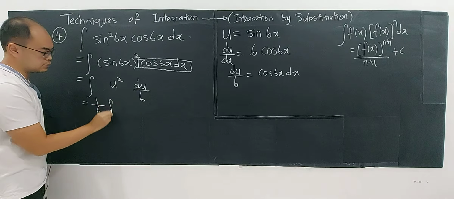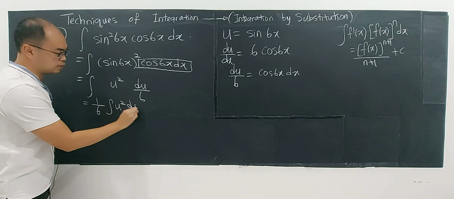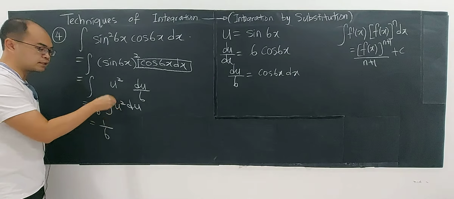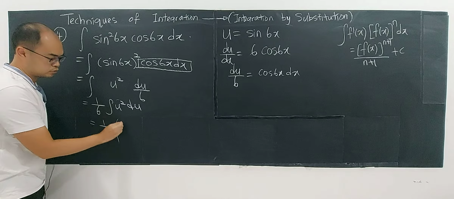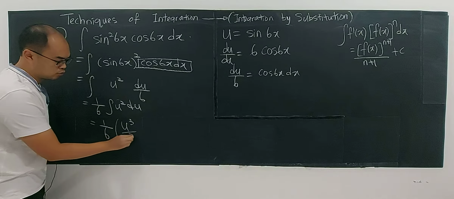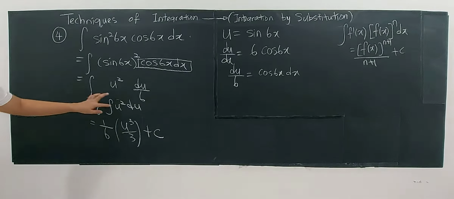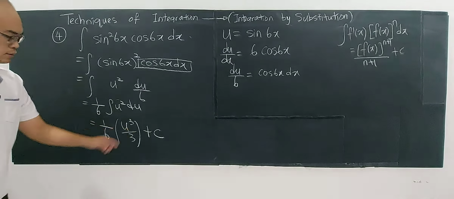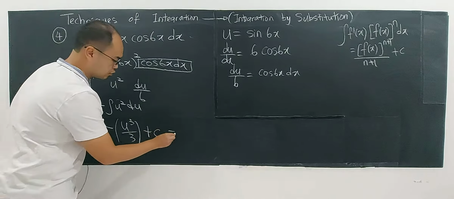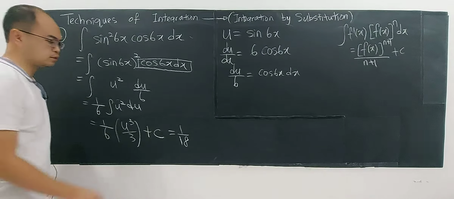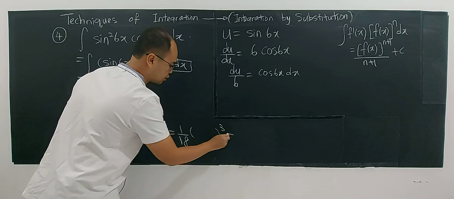So 1 over 6, integrate u square du. So 1 over 6, integrating u square, it becomes u to the power of 3 over 3 plus c, right? 6 times 3, you have 1 over 18, and u to the power of 3 plus c.